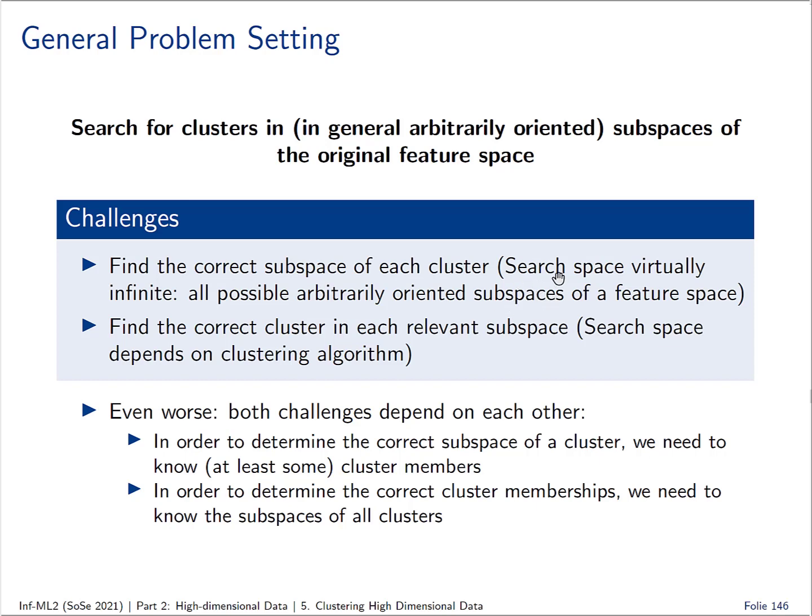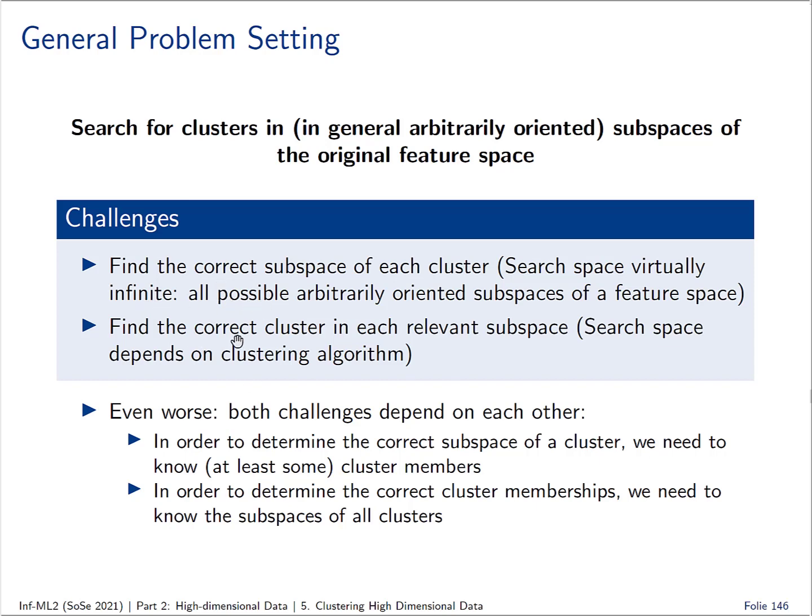And if we are talking about arbitrarily oriented subspaces, the search space is virtually infinite, because all possible arbitrarily oriented subspaces of a feature space is just anything. It's the whole spectrum. It's virtually infinite.